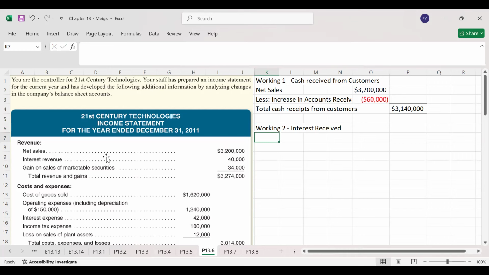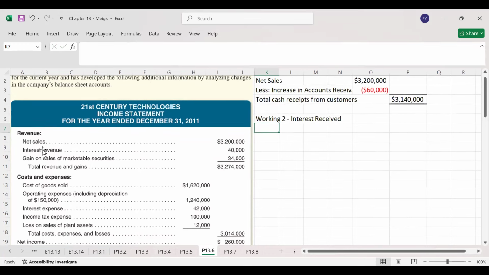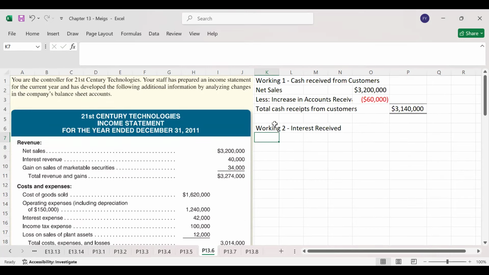For interest received, the starting point is interest revenue, and interest revenue is given, which is $40,000. So here we have interest revenue, which is 40,000.